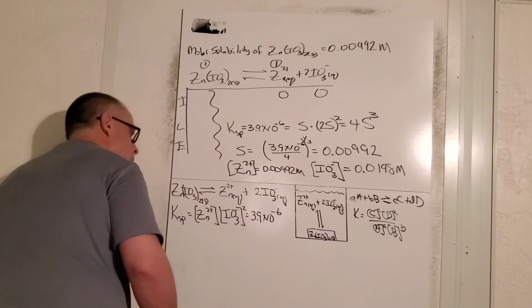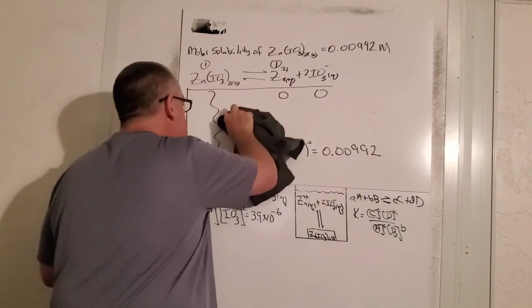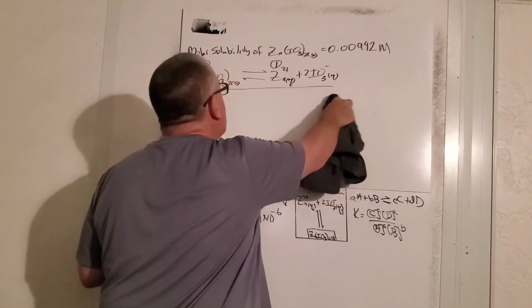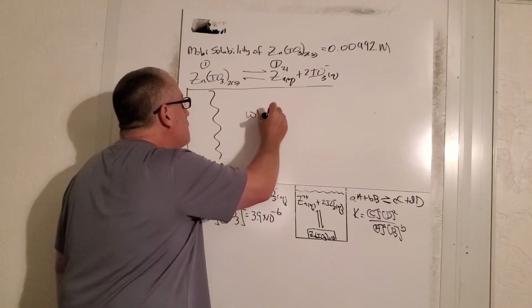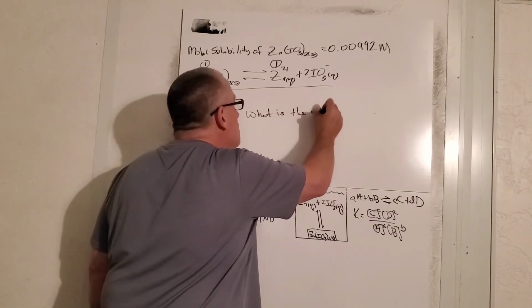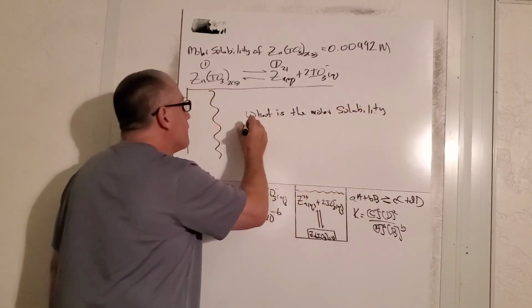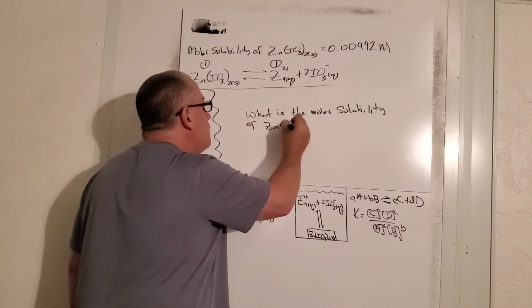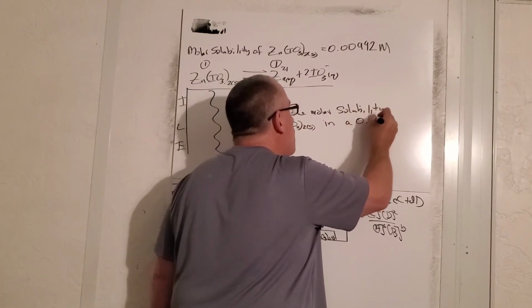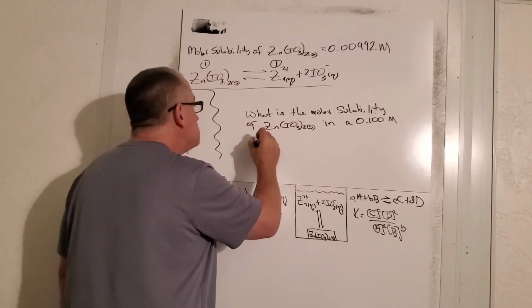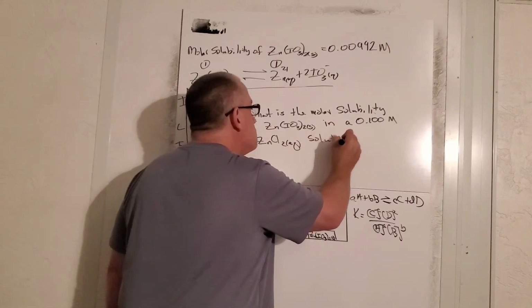Now, let's erase this stuff. What is the molar solubility of zinc iodate in a 0.1 molar zinc chloride solution?